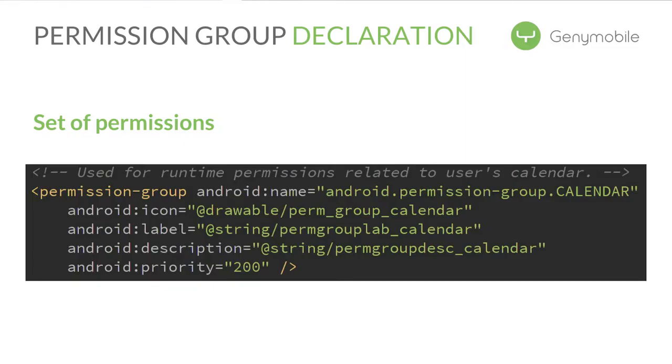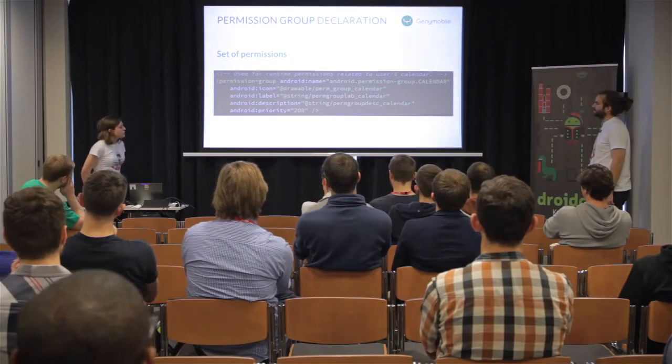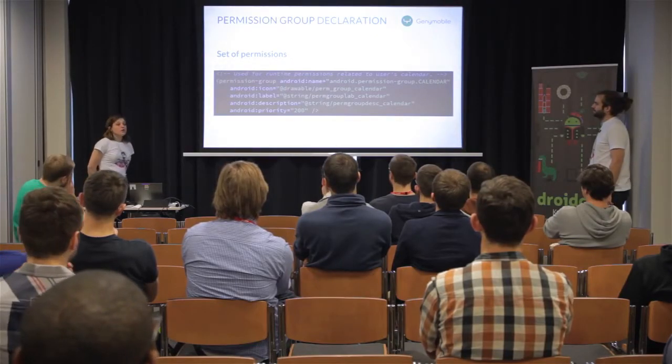Sorry. So, regarding the permission, in any application, you are allowed to declare a group of permissions. So what is the way you can do it? What is important here is that the only optional attribute is the Android priority.